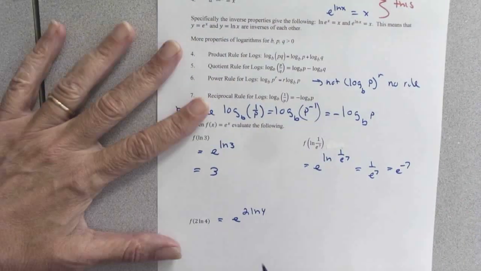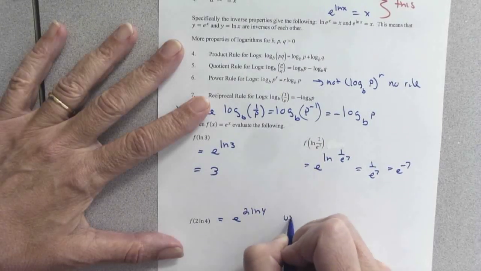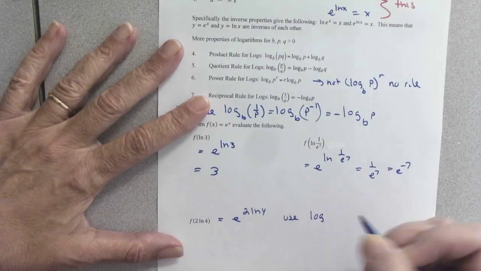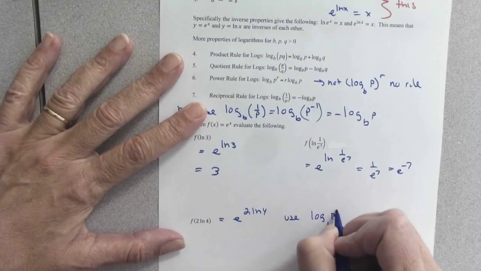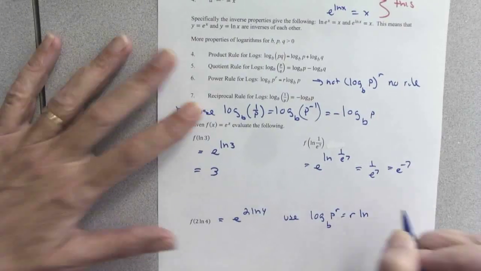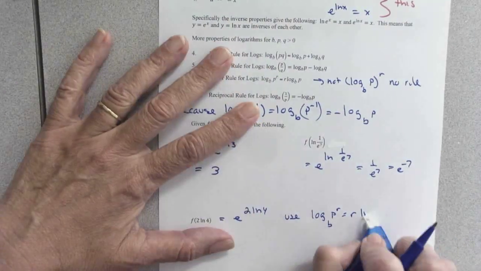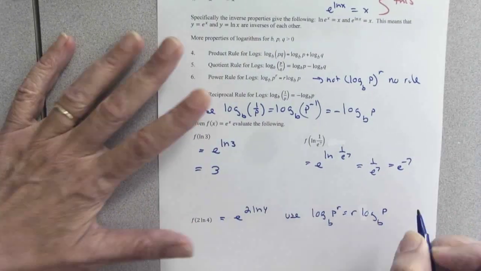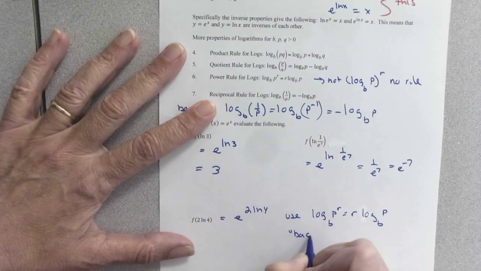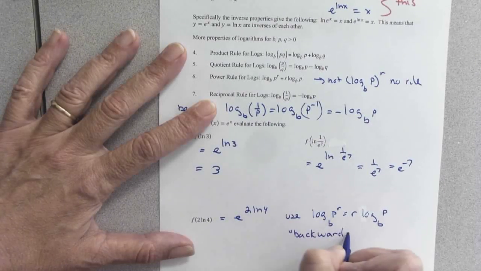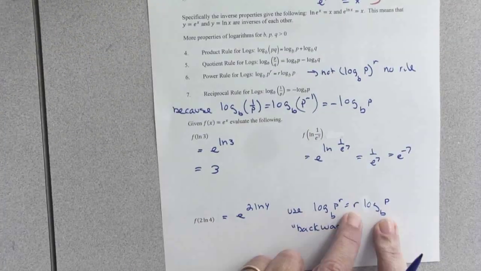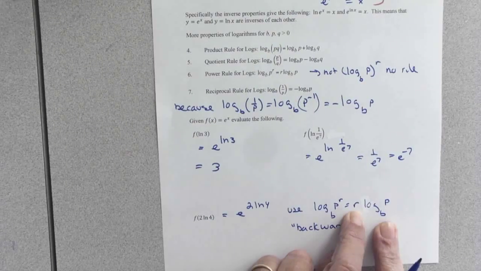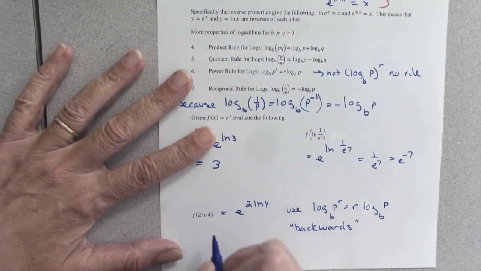Here, they're not touching. But I can rewrite this. I'm going to use the power rule, log base b of p to the r is r log base b of p, but backwards. If I use it backwards, that coefficient can come up and become an exponent.